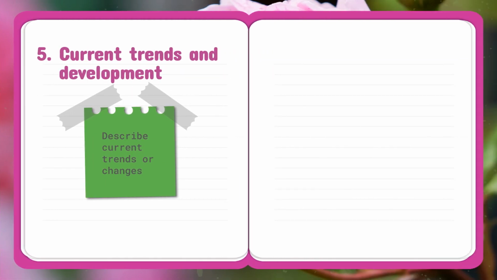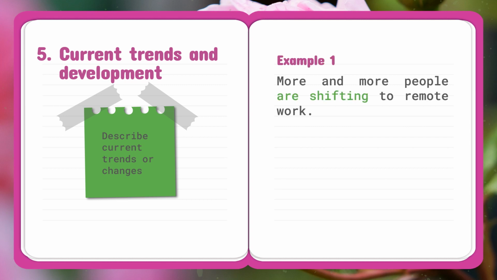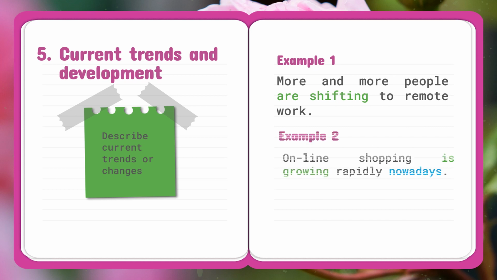We can also use the present continuous for current trends and development. Let's proceed with the first example. Could you please read it? More and more people are shifting to remote work. Now, is this something new or something very old? Something new. This is a new trend. Second example. Online shopping is growing rapidly.